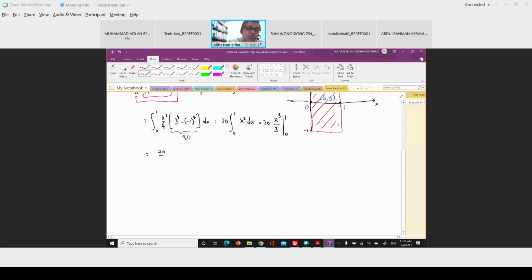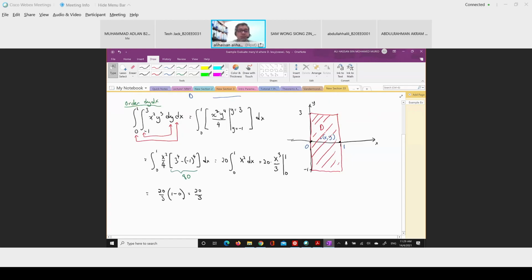So we have 20 over 3 times 1 cubed, which is just 1. So it is equal to 20 over 3.